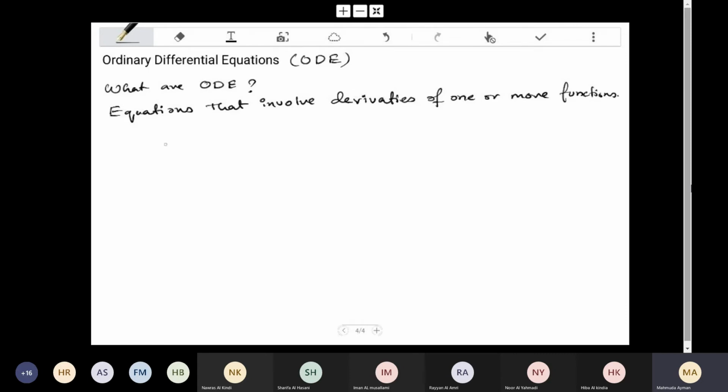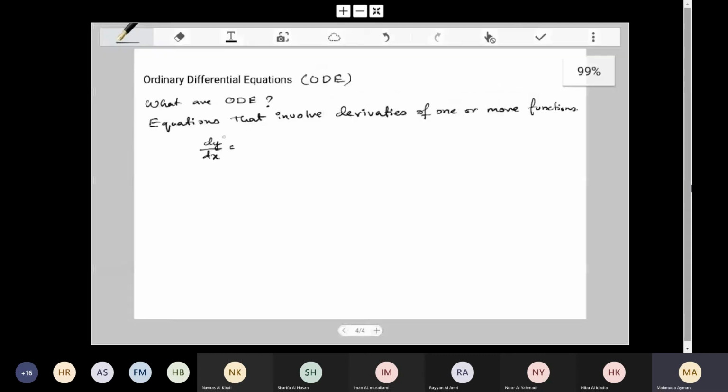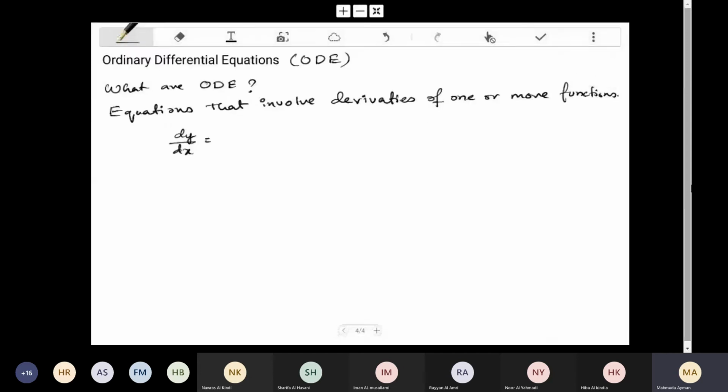So let's say we have equations like dy by dx is equal to 6x plus 1, and we have equations like y prime plus 3 by x times y is equal to x squared, or we can have d squared y divided by dx squared minus 2 times dy by dx minus 3y is equal to 0.